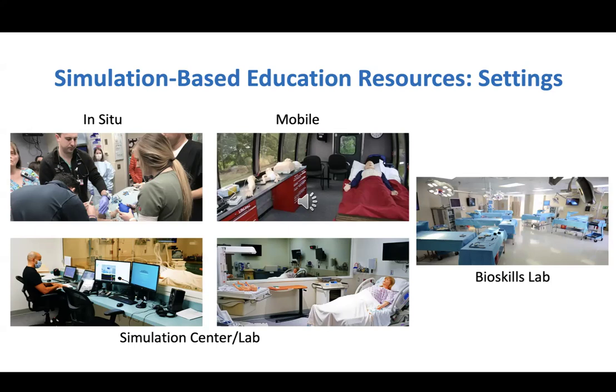Consider the different impacts of simulation centers located within the health sciences building on a college campus versus within an acute care facility or as an independent center centrally located within a community. When choosing a new location or reconfiguring an existing space, keep program objectives and goals in mind.